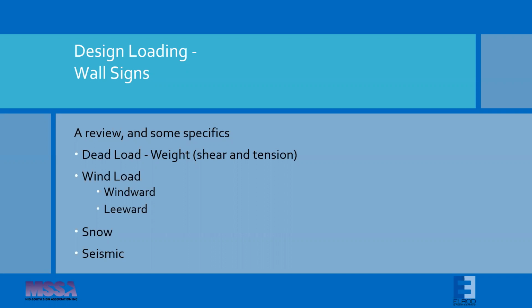The wind load, as I mentioned, it usually controls, but not always. A thing to mention with wind load is, and we ran into this just last week, just because the building code refers to a specific design manual. So say, for example, the 2021 International Building Code refers to the 7-16 design manual. There are wind load tables and charts in that design manual, which we looked at earlier.